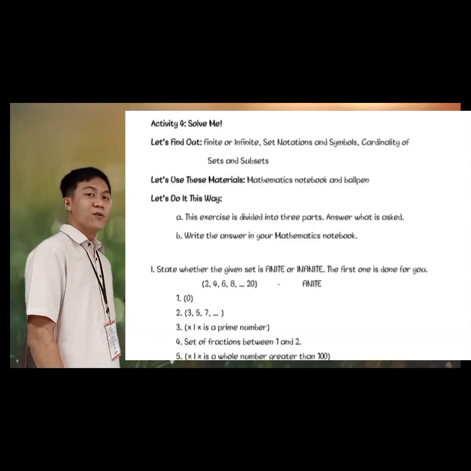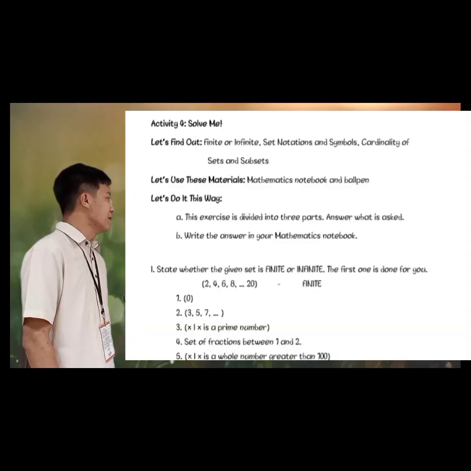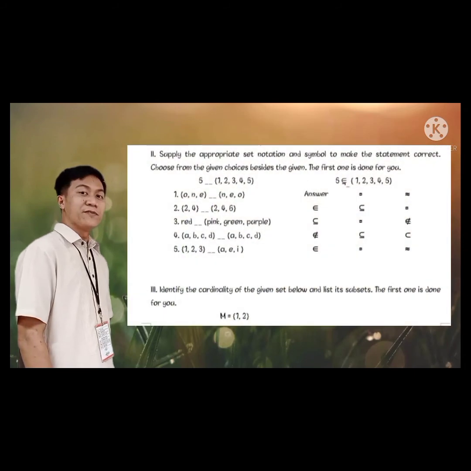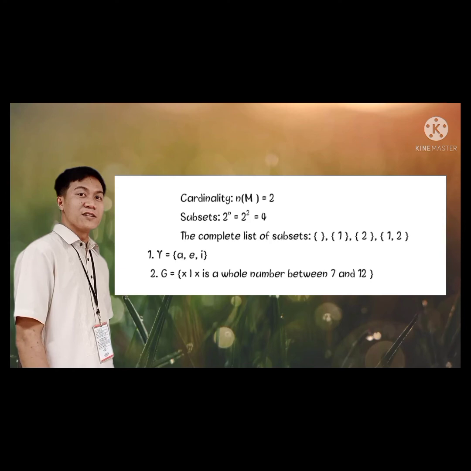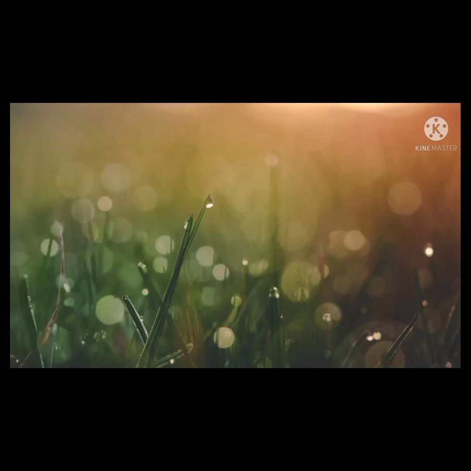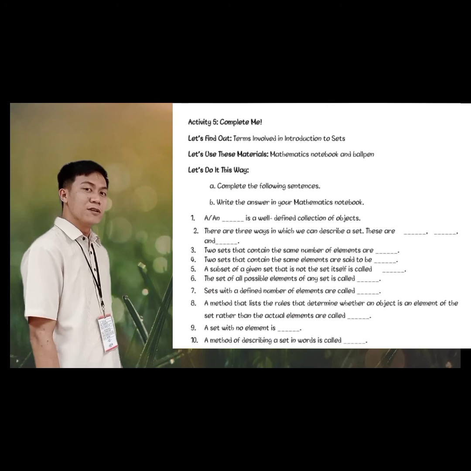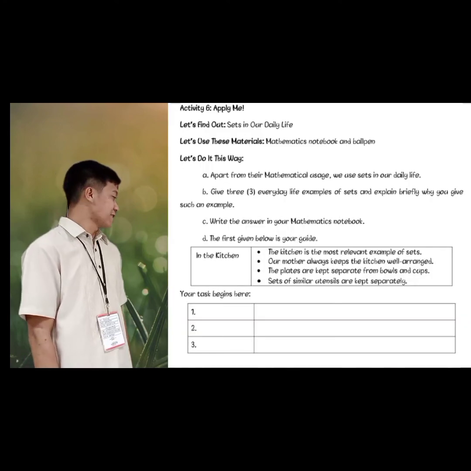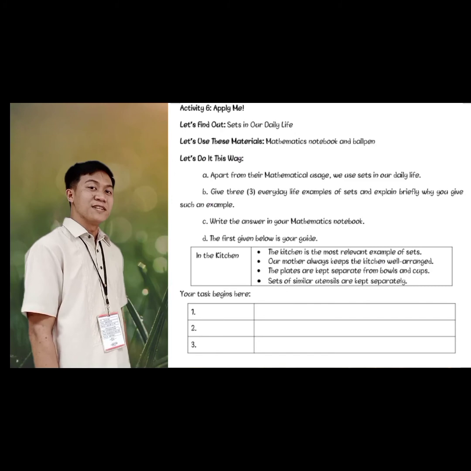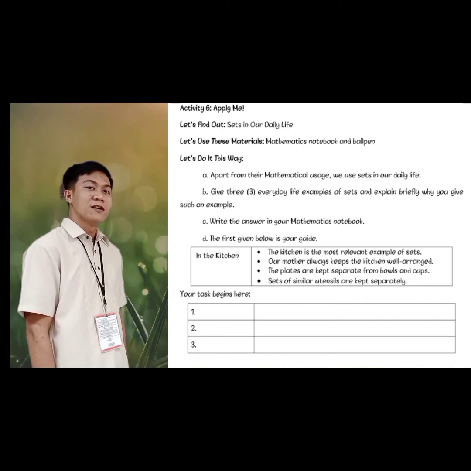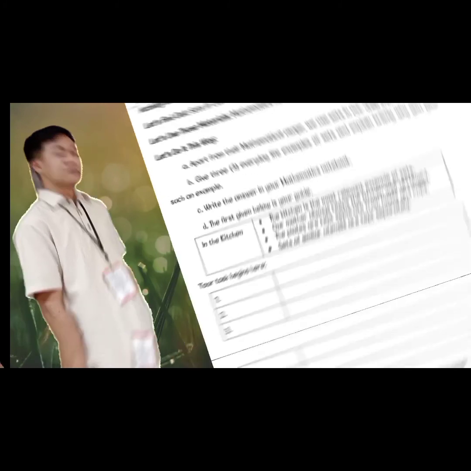For activity 4, please answer the Solve Me. You can answer the following questions and you can pause the video to answer them. For activity 5, please answer the Complete Me. You can still pause the video so you can answer the following questions. For activity 6, let's do it this way. Please answer the following questions, or you can pause the video.